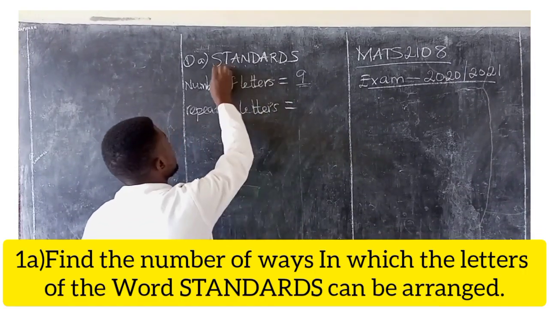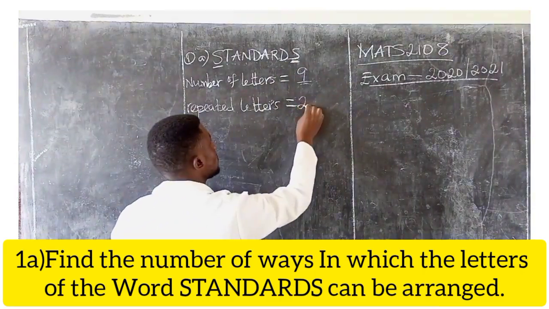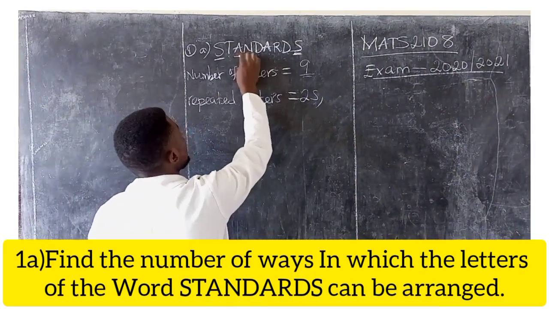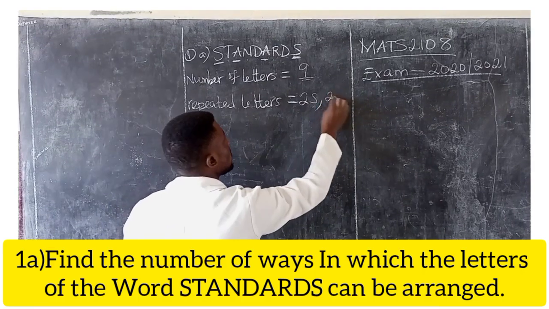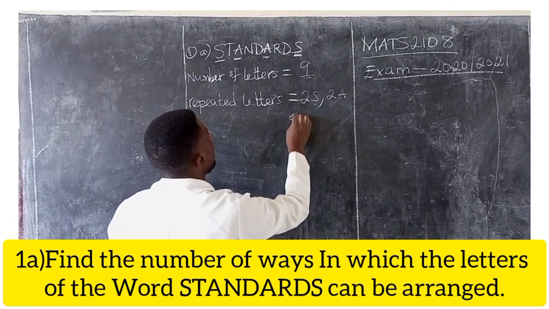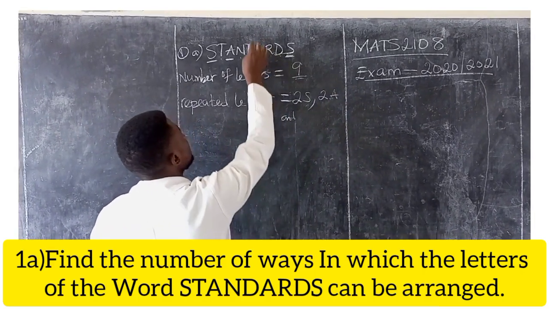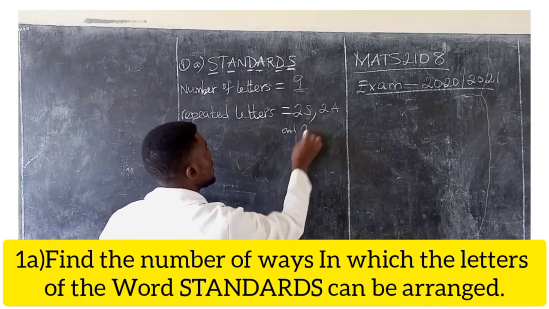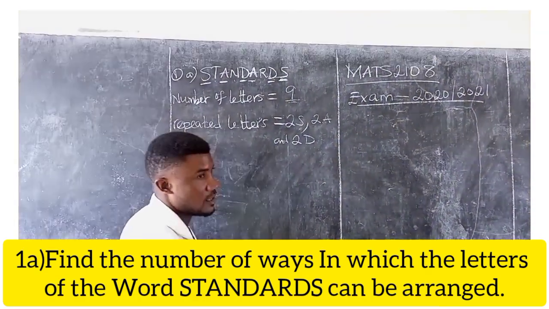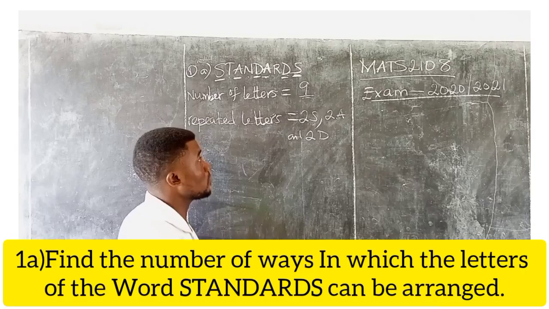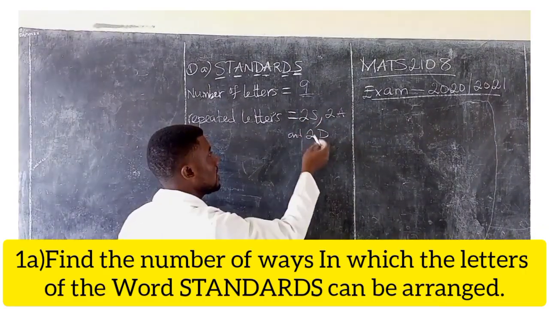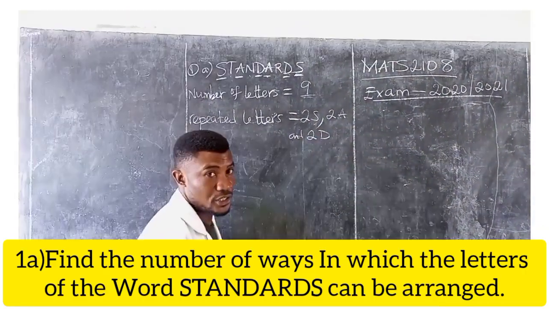Repeated letters are this S and this S, which repeat 2 times. A and A repeat 2 times also. And which one again? Z. Z and Z repeat 2 times. Therefore, the total number of ways would be this factorial divided by all of these repetitions.